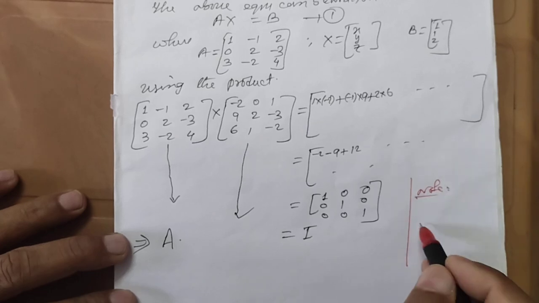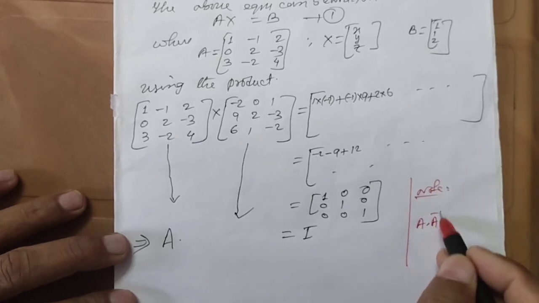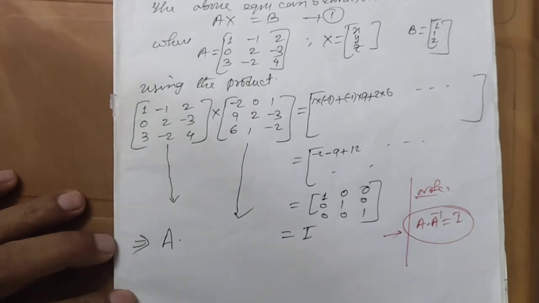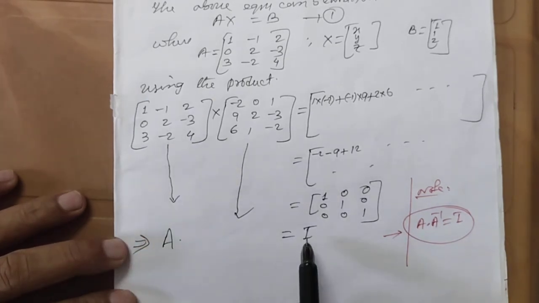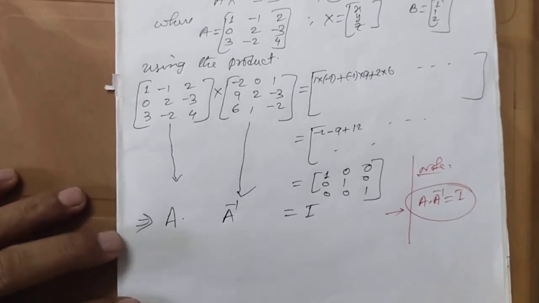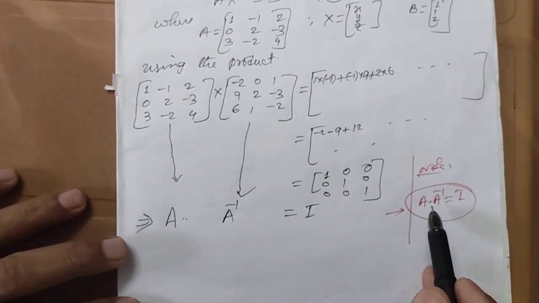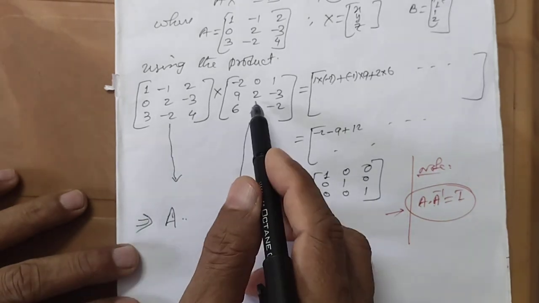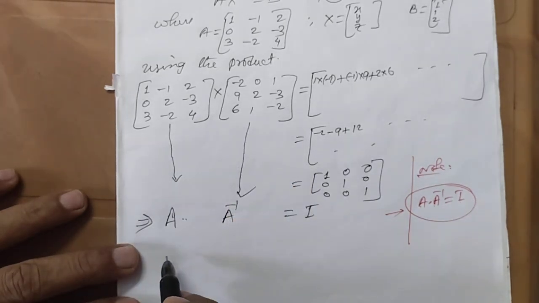We have learned before, A into A inverse is equal to the identity. Compare this equation with this one. If this is A and the right hand side is the identity, then this must be A inverse, because our theorem is A into A inverse is the identity.